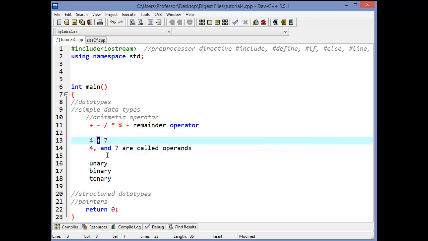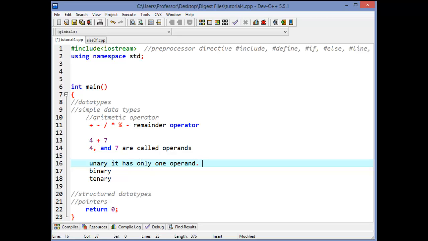So now back to our classification. When we say that an operator is unary, it means that it has only one operand. Is that okay? Any operator that has only one operand is what? A unary operator.